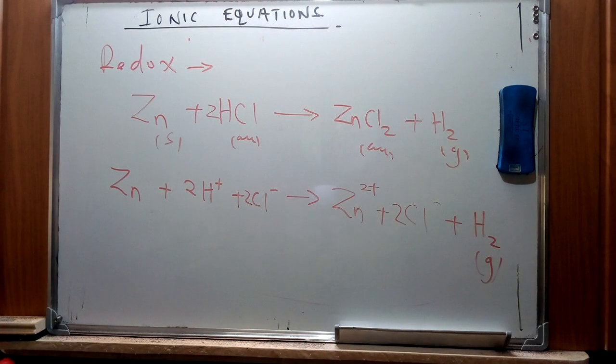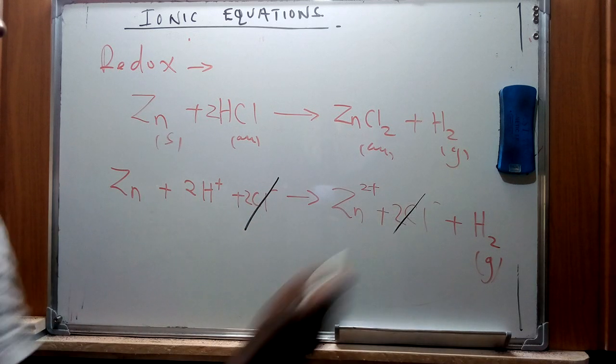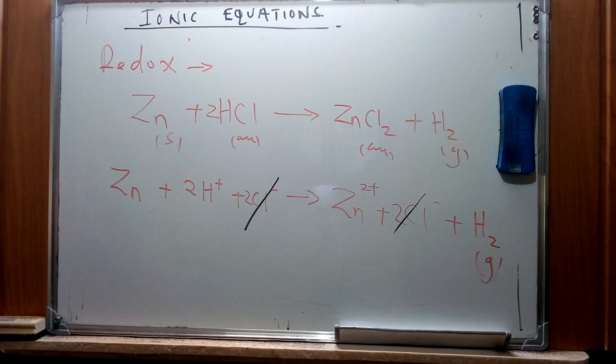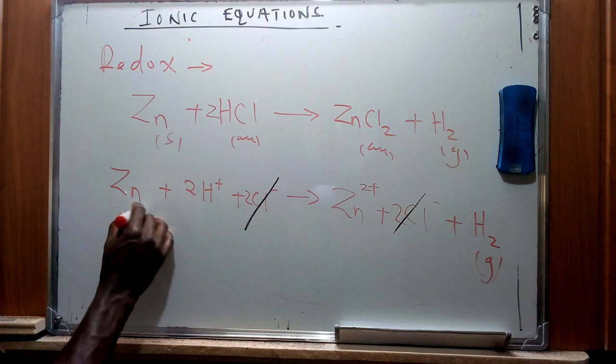So looking at this, whatever ions have not been affected, as we said, we refer to them as spectator ions. These two species of ion for the reactant and the product have not been affected. So therefore, we're going to have a resultant equation, which is an ionic equation.